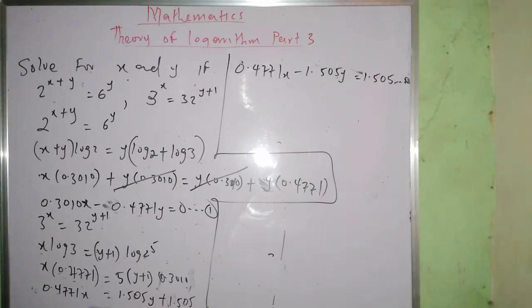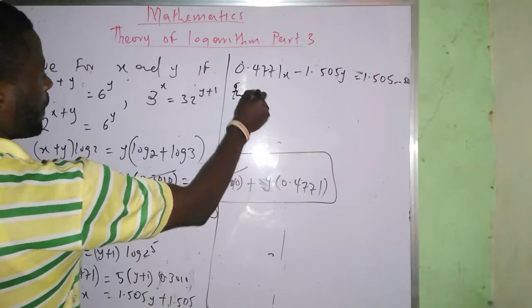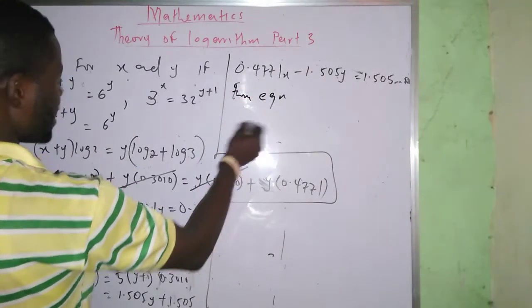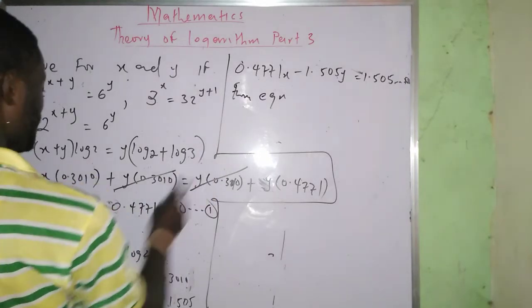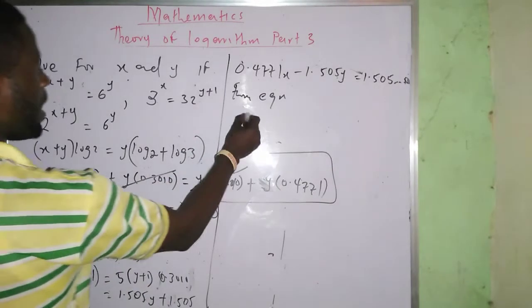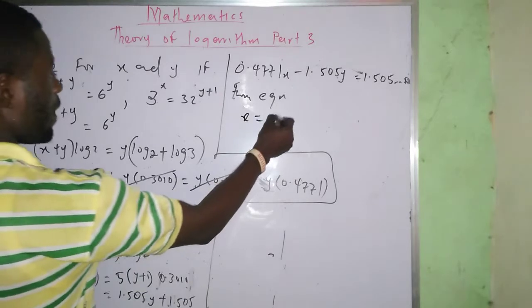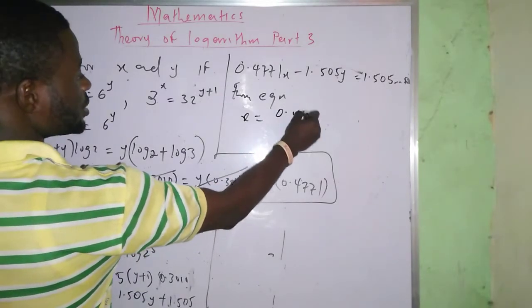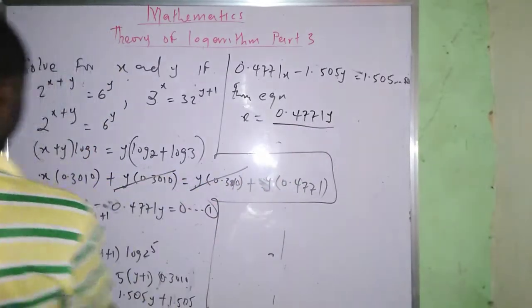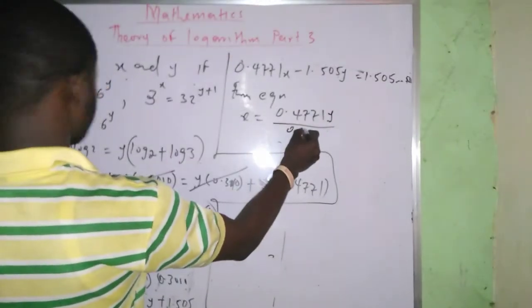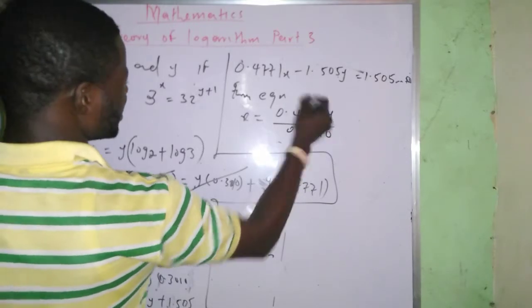Which is from equation 1, I can say, make x the subject. My x will be equals to 0.4771y all divided by 0.3010.